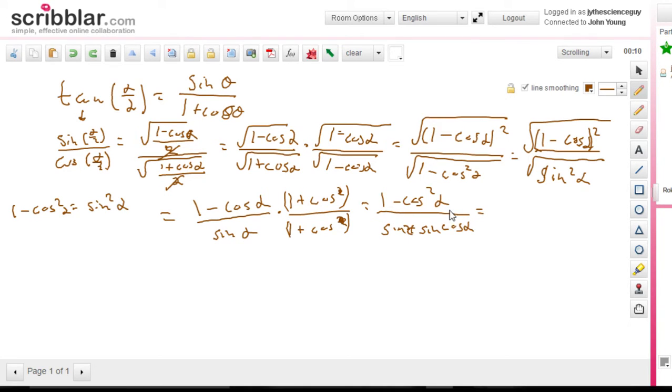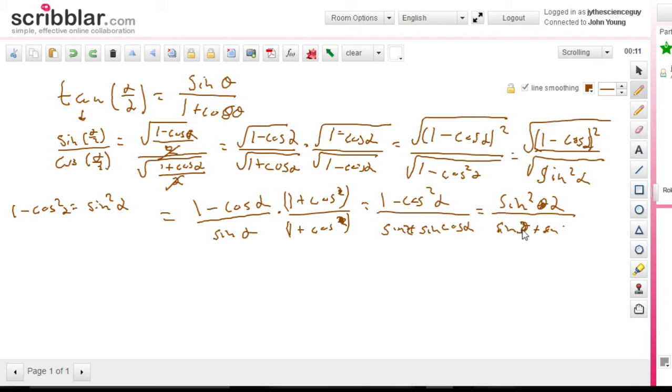Well, the top then becomes sine squared, and then the bottom will become sine alpha plus sine alpha cosine alpha.